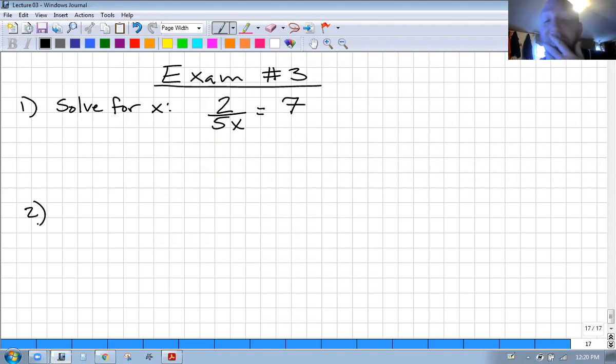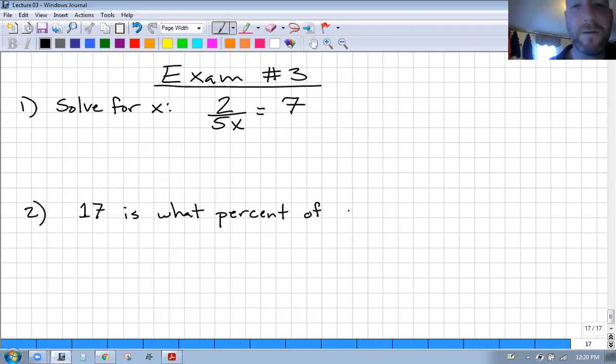And now for number 2, let's see. $17 is what percent of 80?